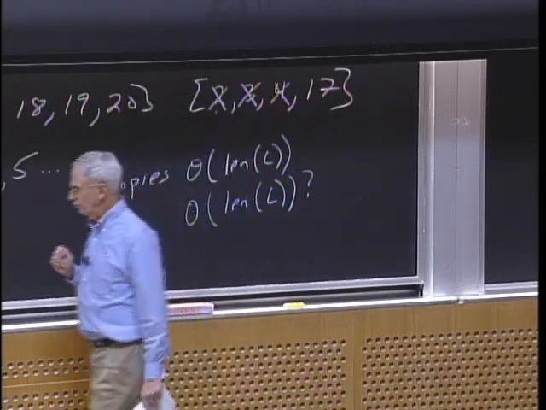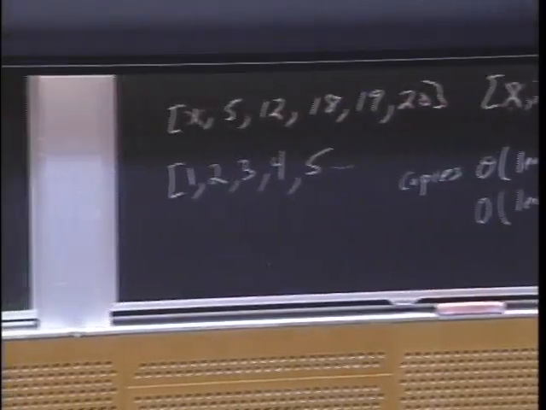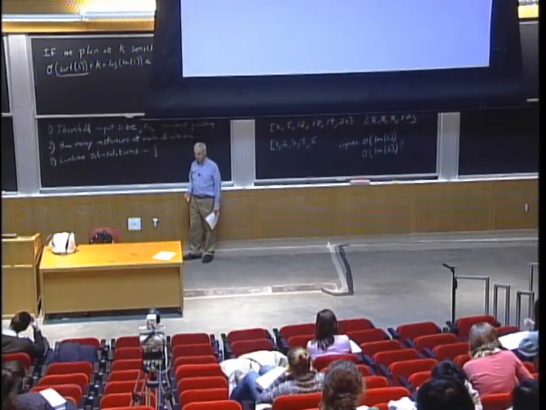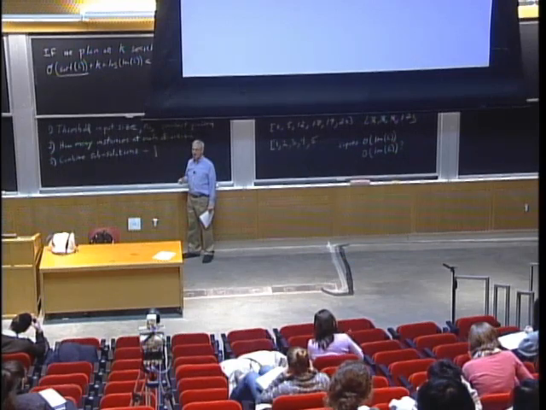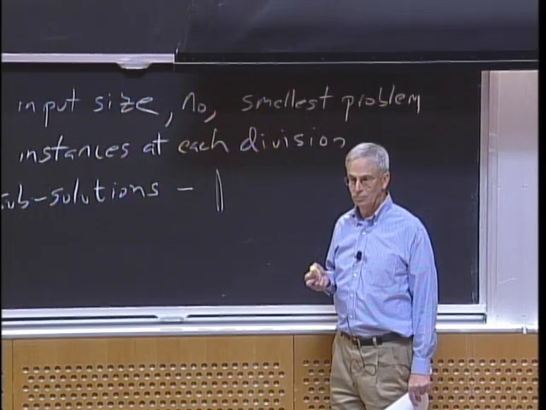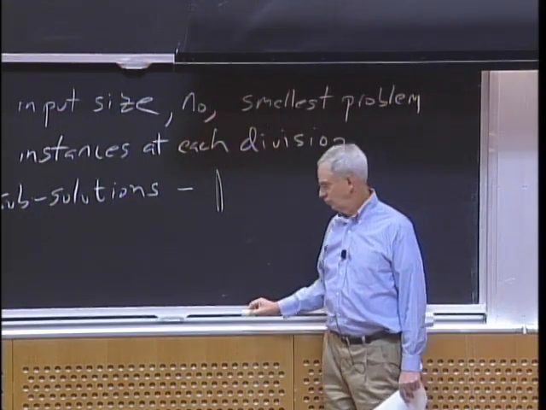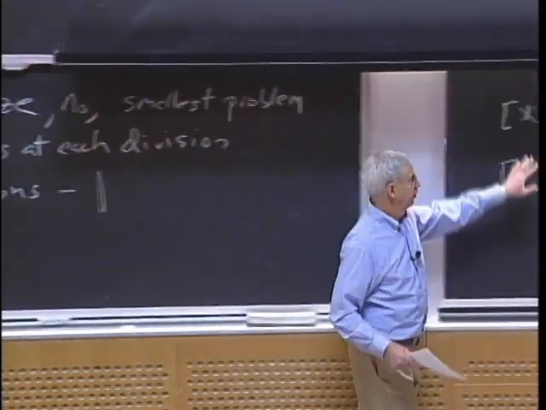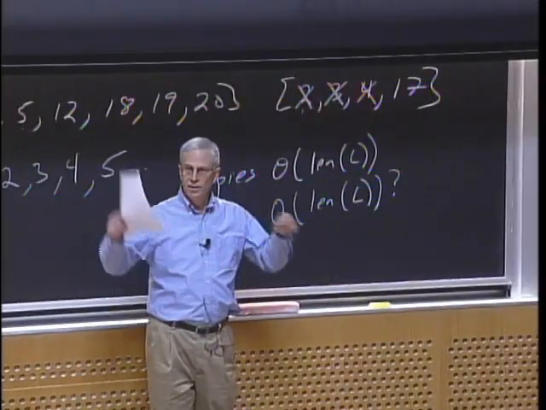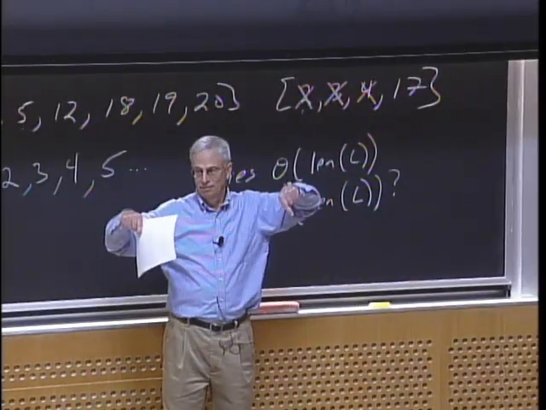Now, that takes care of this step. But now we have to ask, how many times are we going to do a merge? Because remember, this worked because these lists were sorted. And so I only had to compare the front of each list.